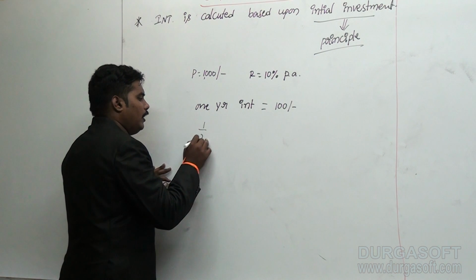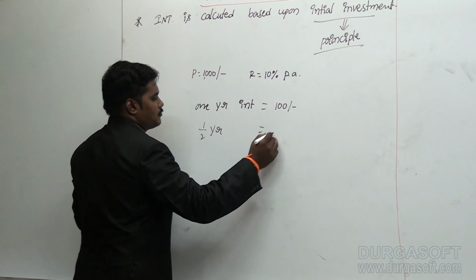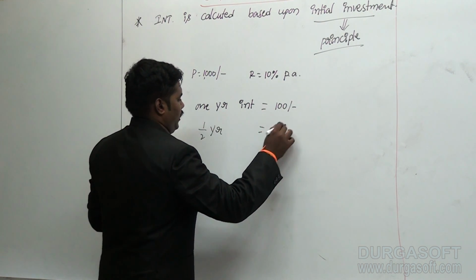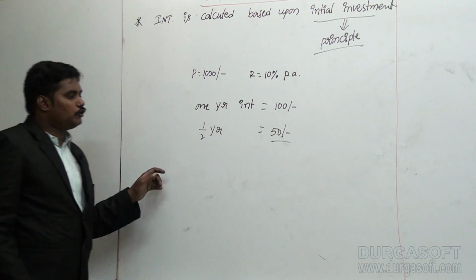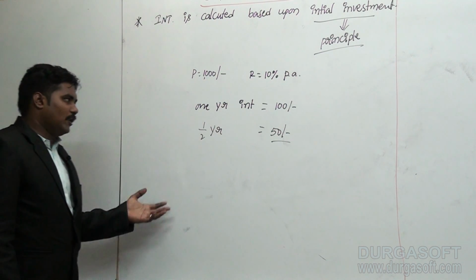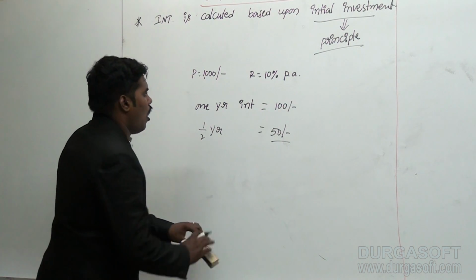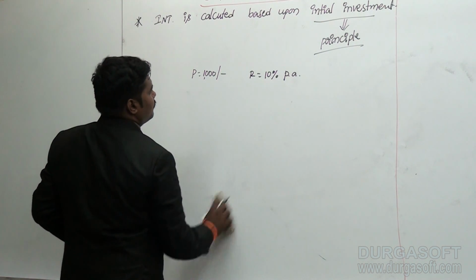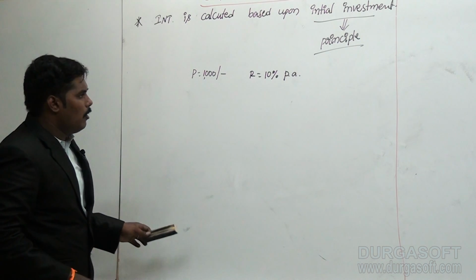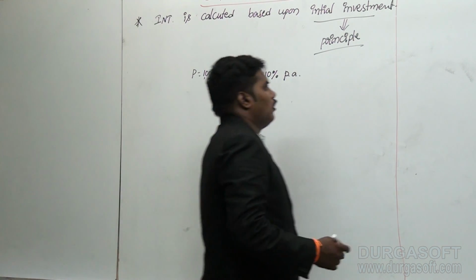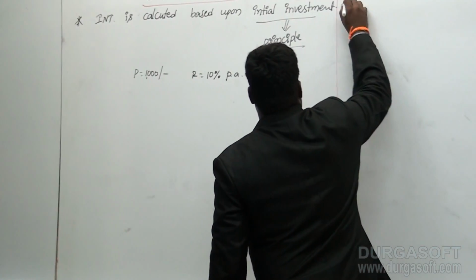For half year, that is 6 months, it is 50. You should remember this in your mind. The unitary method is also useful, or by using the formula simple interest is equal to PTR by 100 it may be identified. Let's come to the compound interest.